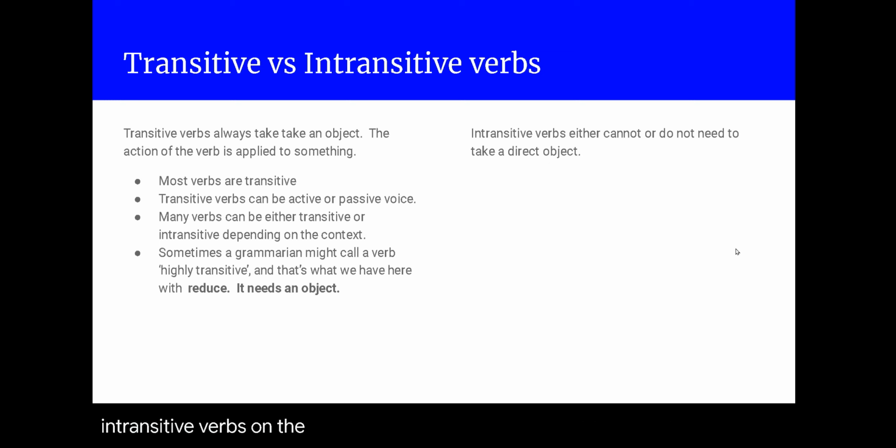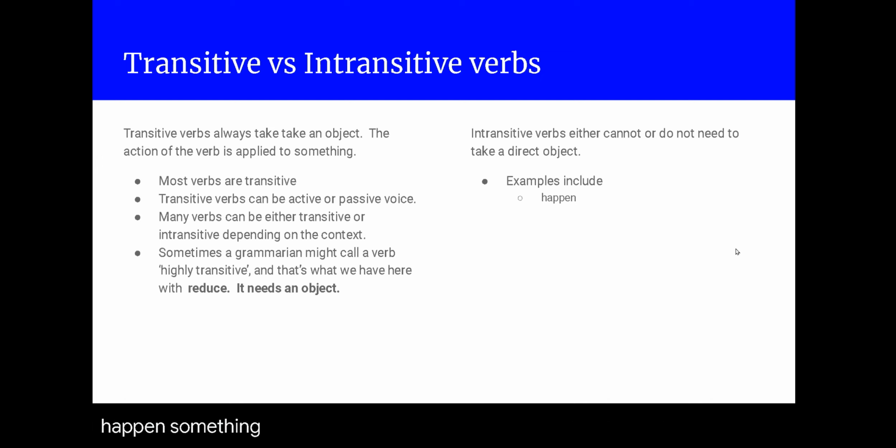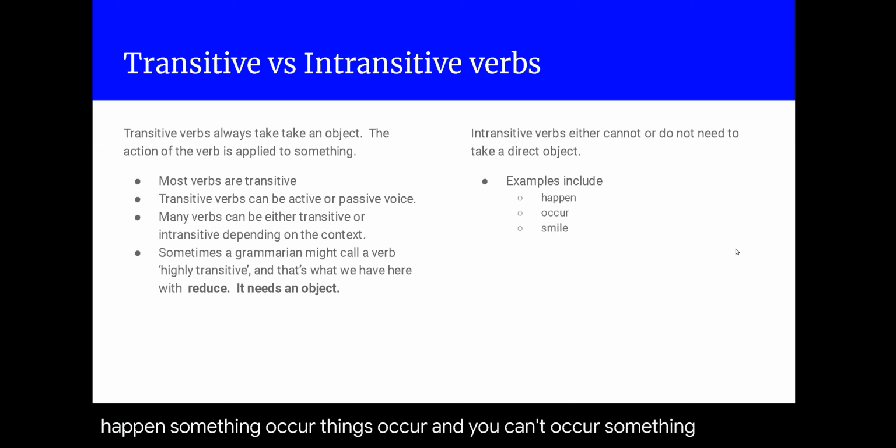Intransitive verbs, on the other hand, do not need or take a direct object. Some examples include happen. That's my favorite example. You can't happen something. Occur. No, things occur. You can't occur something. Smile.